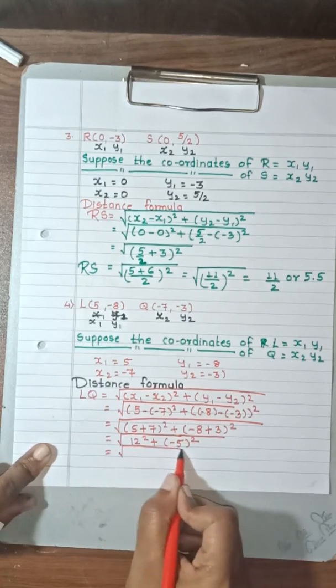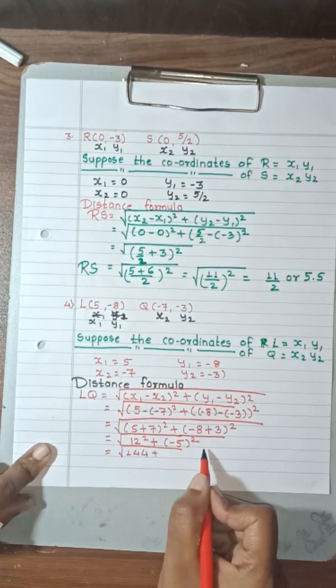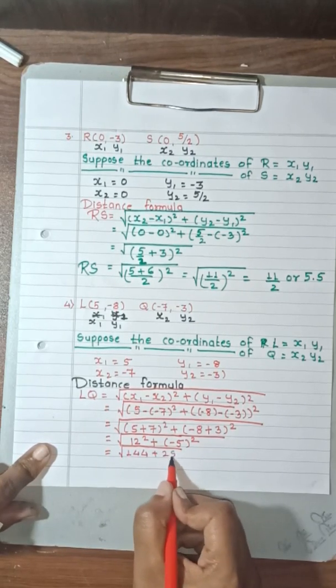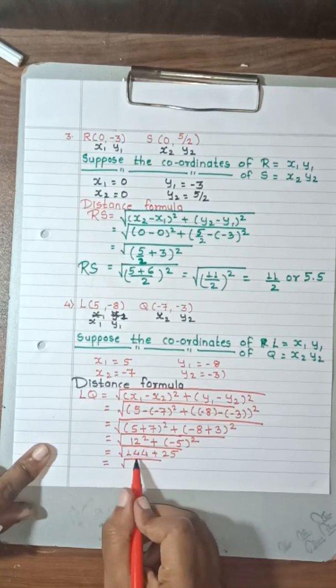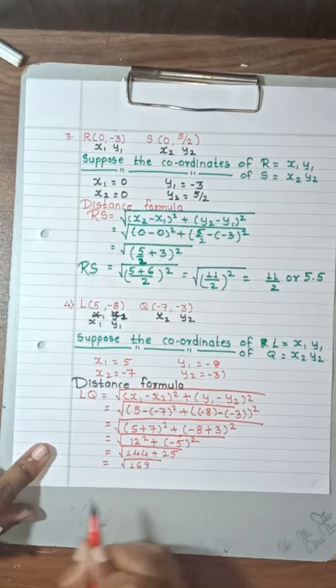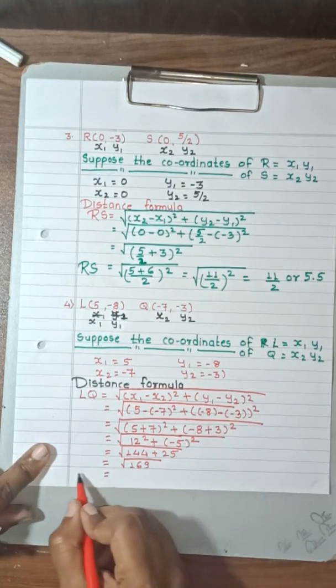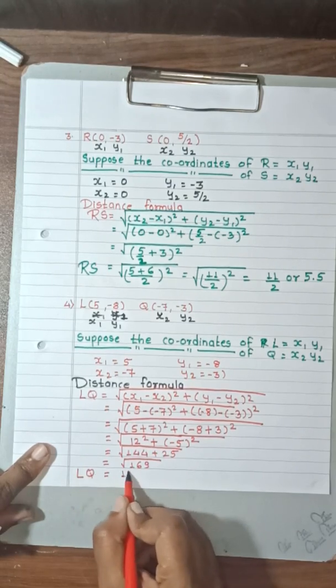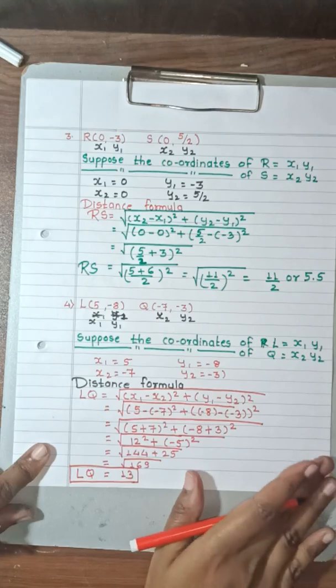Therefore 12 square is 144 plus minus 5 into minus 5, that will be plus 25. So therefore it will be under root of 144 plus 25, that will be 169. So 169 is square of 13, therefore LQ will be 13. So see, it was very easy.